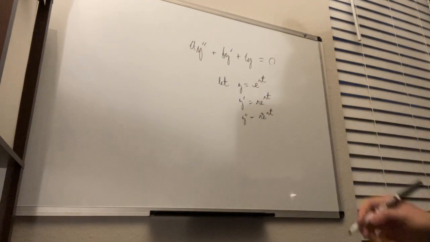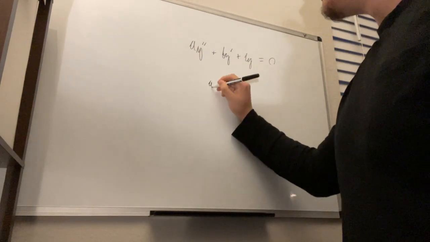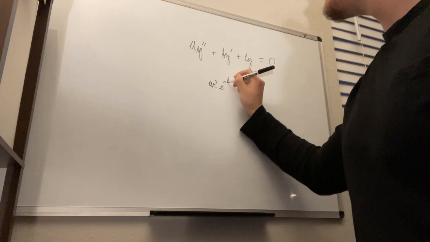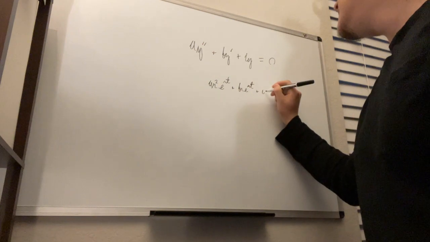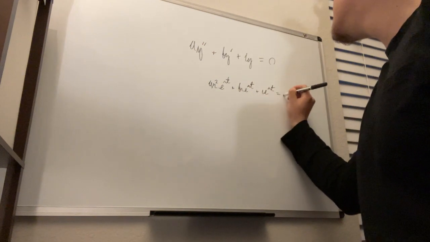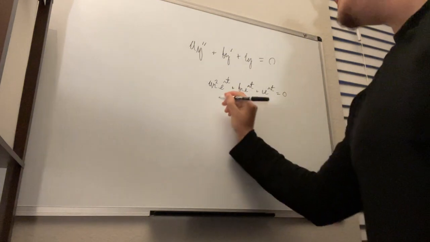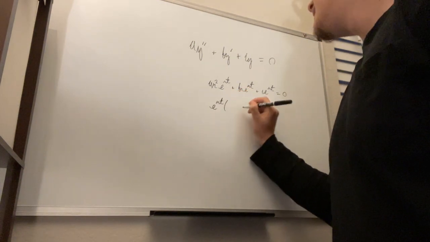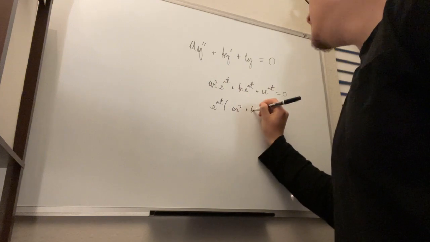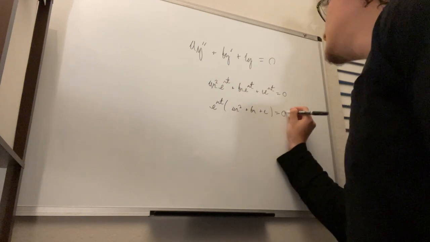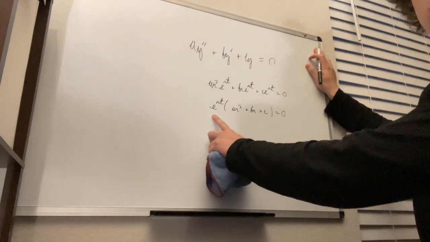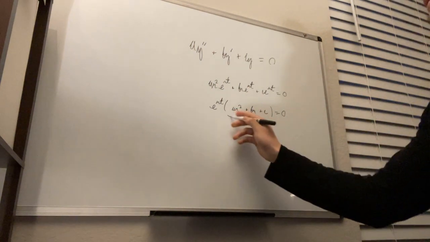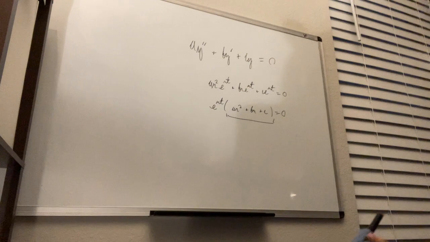If we plug these values in, for this homogeneous equation we get ar squared e to the rt plus br e to the rt plus c e to the rt equals 0. We can factor out e to the rt and get ar squared plus br plus c equals 0. Now, e to the rt is never going to reach 0, so we don't have to worry about this factor. We need to only factor this part of the equation.